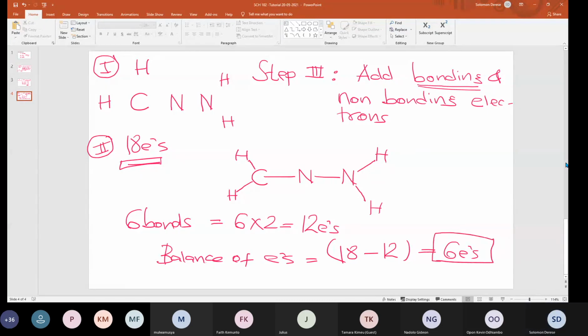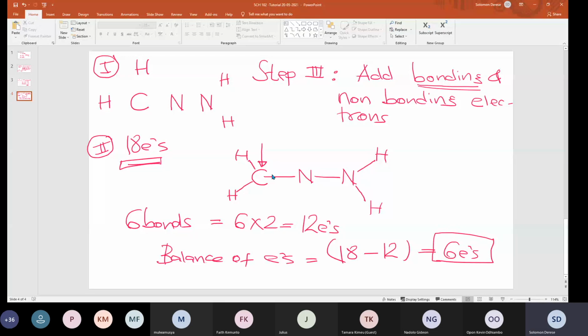Now we use these remaining electrons to fulfill the octet of the elements in this molecule that do not have an octet of electrons. If you look at this carbon, it has 3 bonds: with this nitrogen, with this hydrogen, and with that hydrogen.